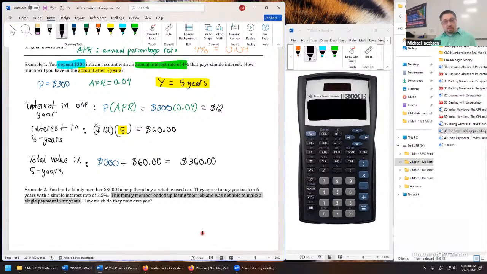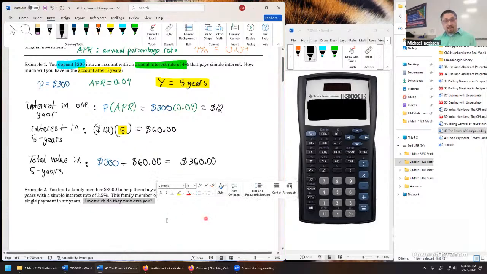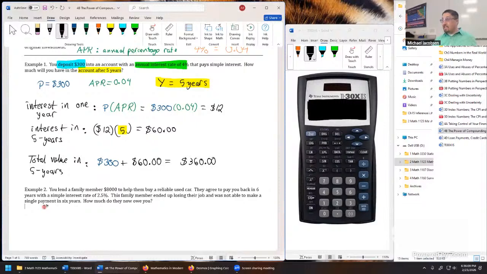So assuming this arrangement is still on the table, you loan them $8,000. We're only charging simple interest, feeling charitable again, at 2.5%. You want to figure out, well, how much are they going to have to pay you back once they get back on their feet? It's year 6, and we are going to update the balance. First, let's start breaking down the problem. We need a principal amount.